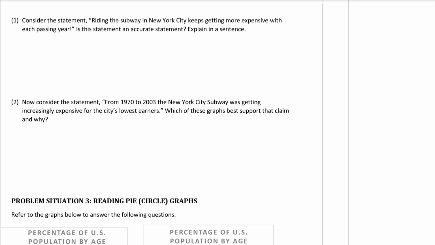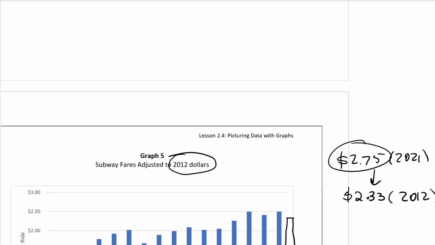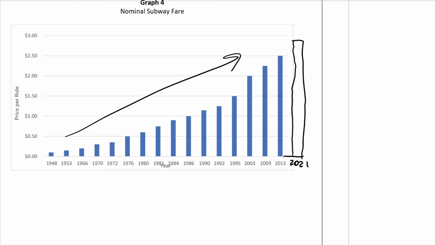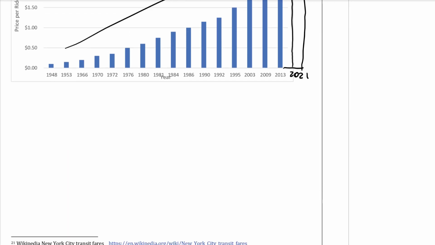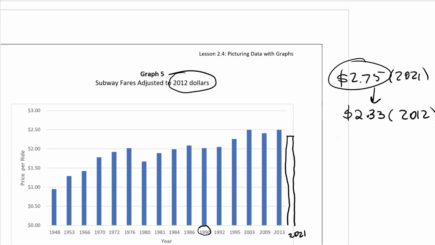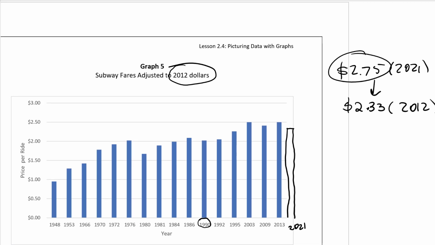All right, let's review. This is false, from the graph that we see. Yes, it's increasing. I'm not claiming that it's not. It is going up. But when you look at how it compares to the relative cost of everything else, it has remained steady from, I would say, maybe 1972.